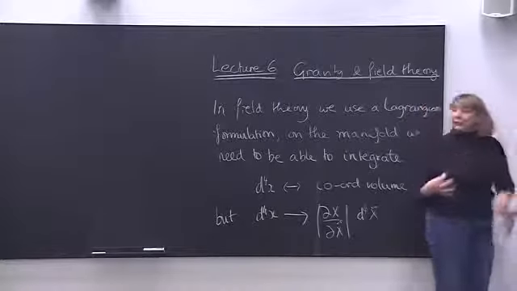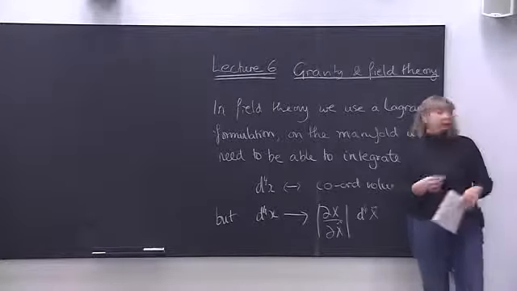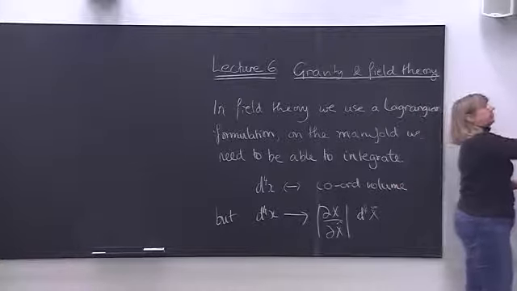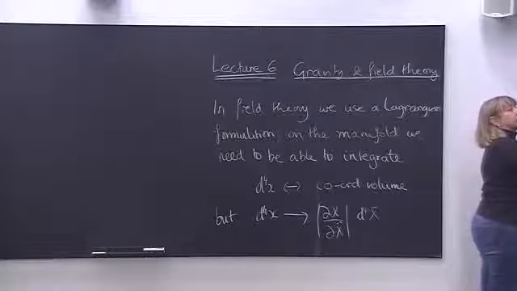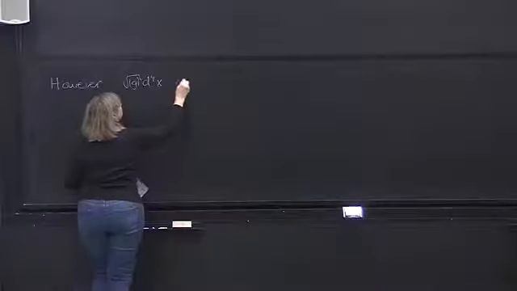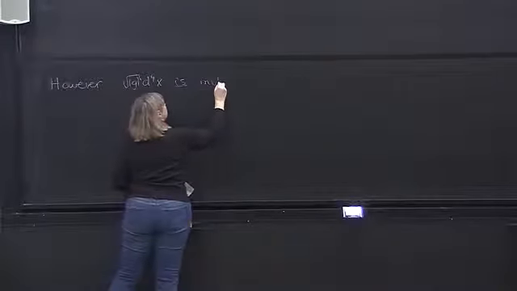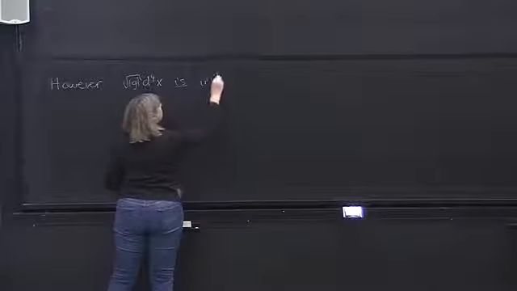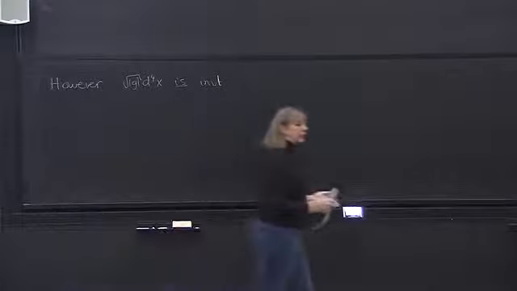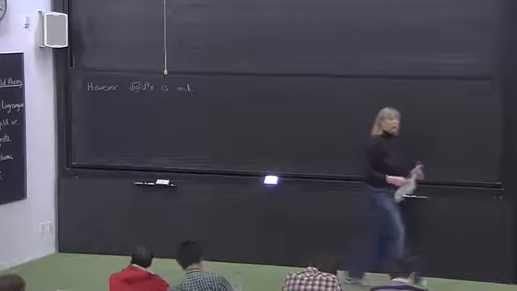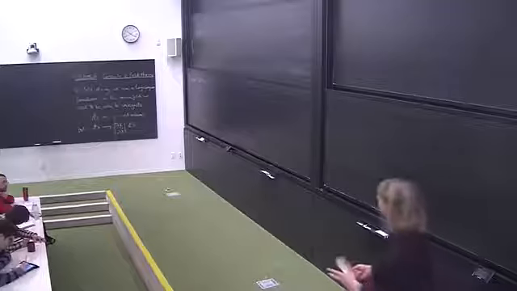However, we've already seen this when we discussed forms and the epsilon tensor. And so if we multiply by root g, then we do get an invariant quantity. So root g is really just saying this is the proper volume. So it's sort of looking at that epsilon tensor and its dual.